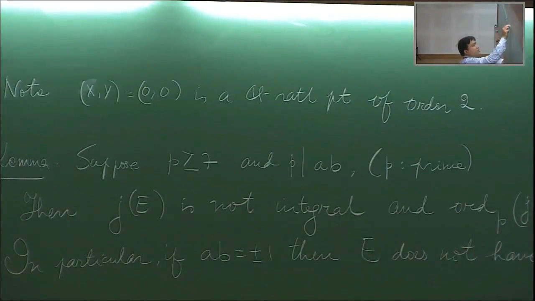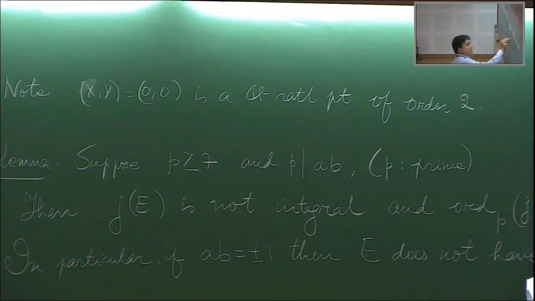Note that E has multiplicative reduction at p; it could be split or non-split, that needs further study. Remember that this p is odd, so that's the reason.